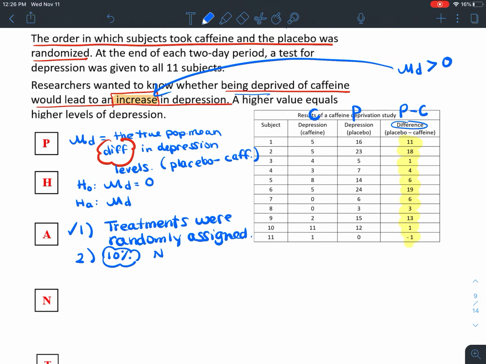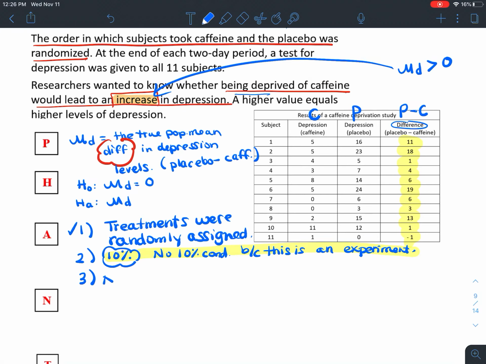So I'm just going to make a note here, no 10% condition because this is an experiment. Now, you don't have to say this on the AP test. I'm just writing this here so that when you look back at this problem, you understand why we didn't check the 10% condition, but you could just skip over that condition if it's an experiment.